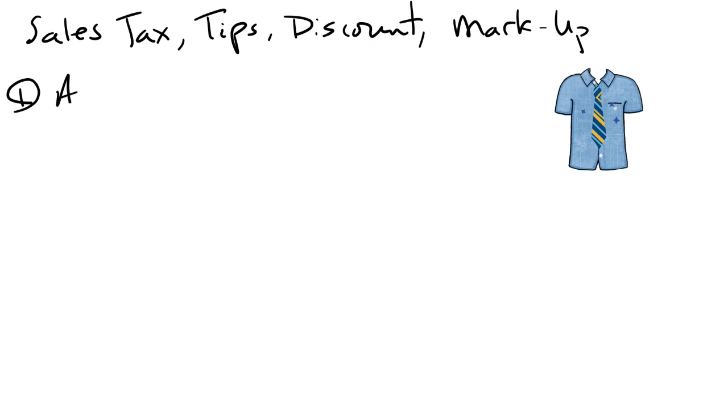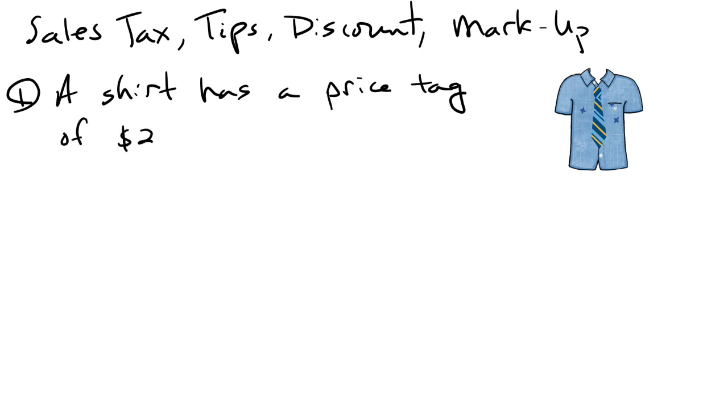A shirt has a price tag of $27.33. The sales tax is 5%.